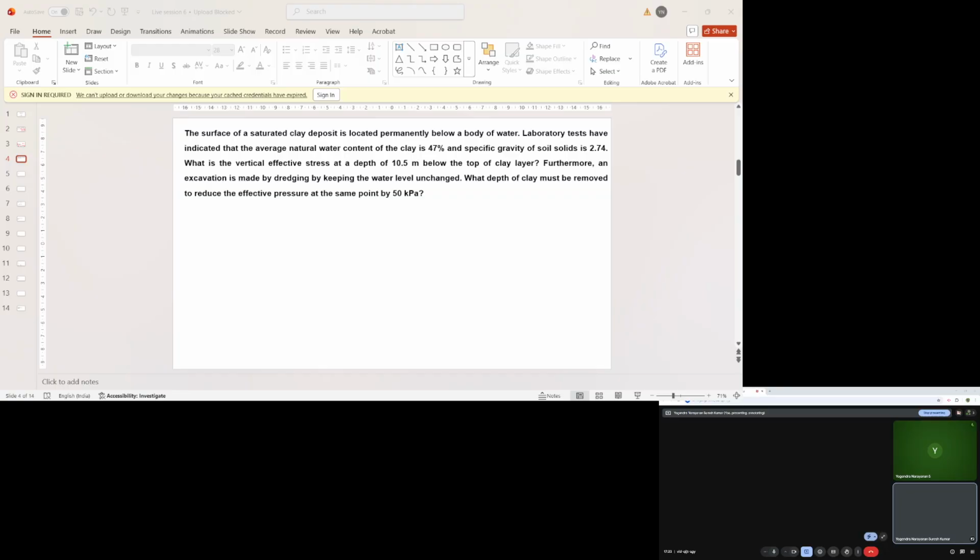Furthermore, an excavation is made by dredging for keeping the water level unchanged. What depth of clay must be removed to reduce the effective stress at the same point by 50 kPa?